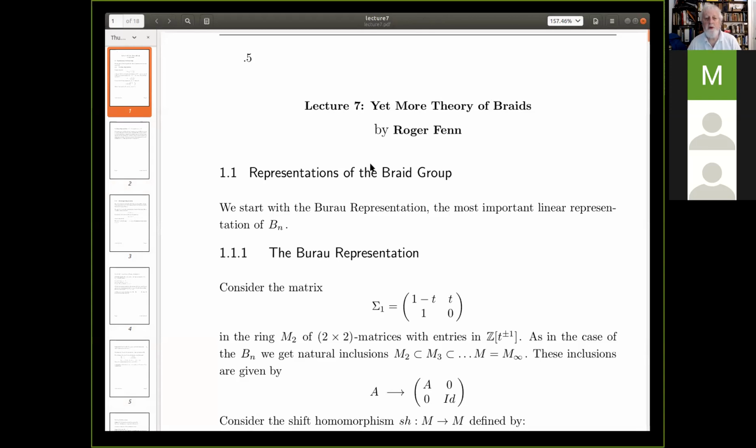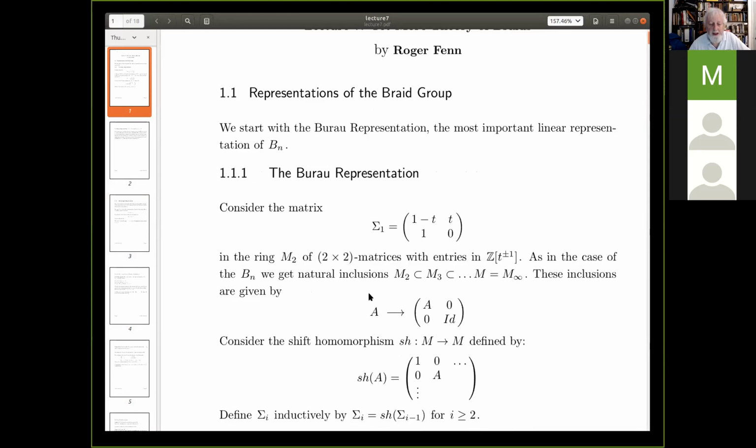So we're going to talk about some representations of the braid group. Now, we talked about the Burau representation last time, so I'll just quickly whiz through that.